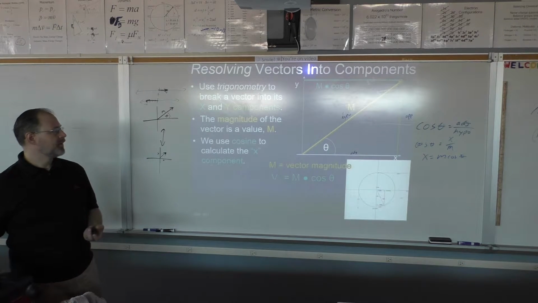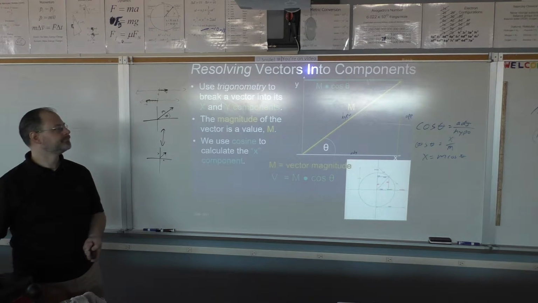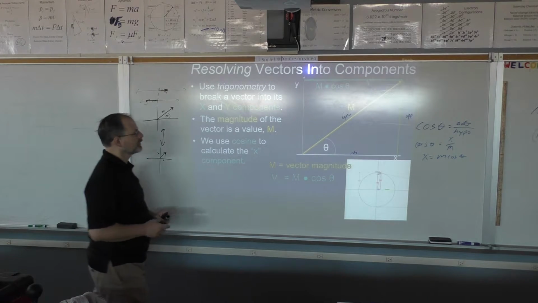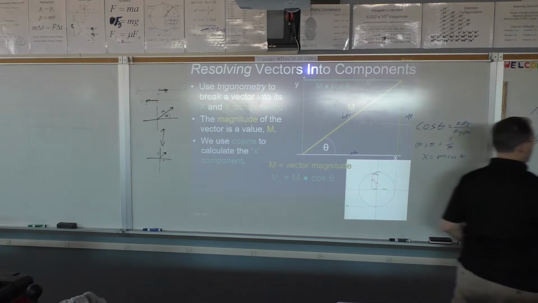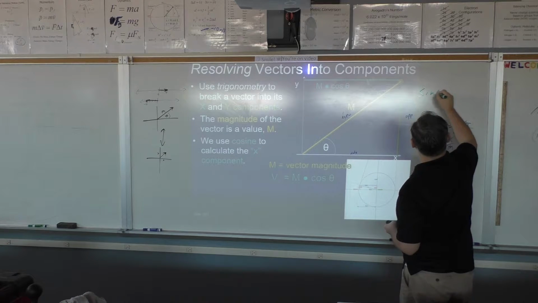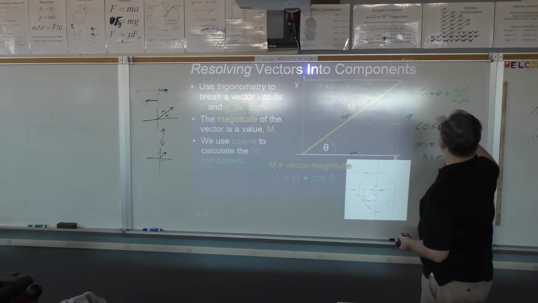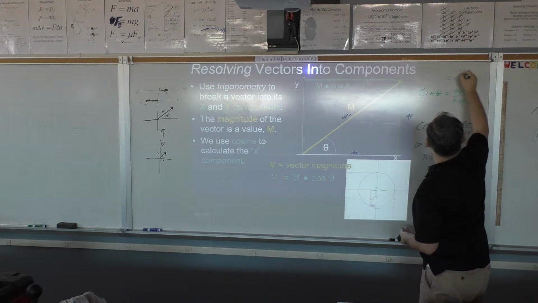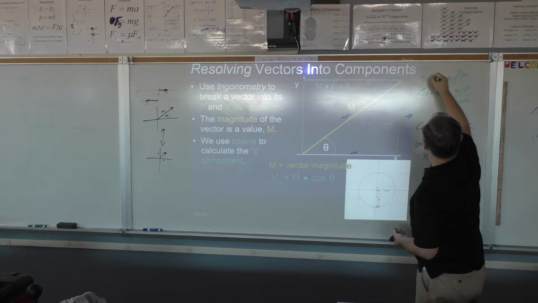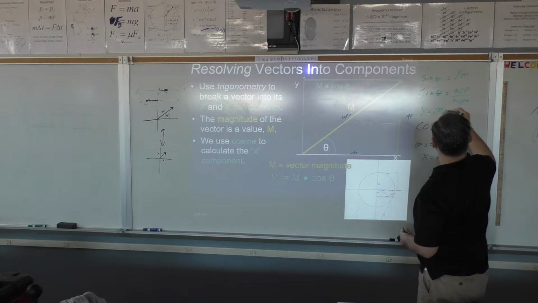So if the x of the vector is m cosine theta, what do you think the y is? If sine of an angle is the opposite over the hypotenuse, which is therefore the y over the magnitude, then if the sine of the angle is y over the magnitude, would it make sense that y is m sine theta?